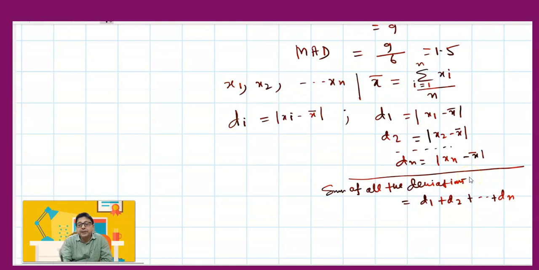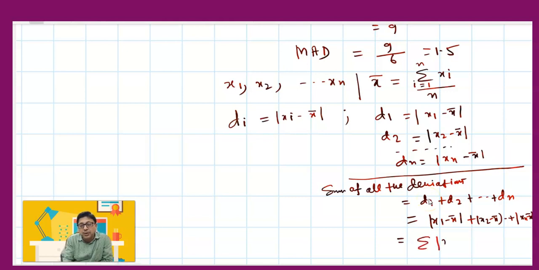If we use this data, then it is going to be mod of x1 minus x bar plus mod of x2 minus x bar, this way plus mod of xn minus x bar. Using the summation symbol, this can be written as sigma mod of xi minus x bar, i equal to 1 to n. So this is the sum of all the deviations.